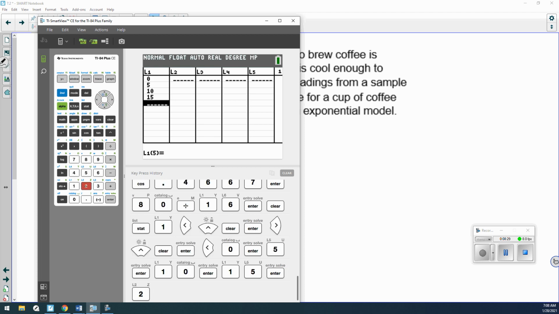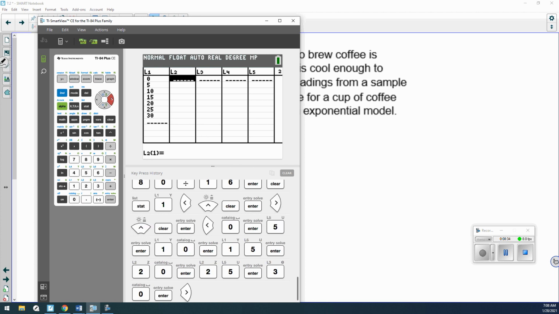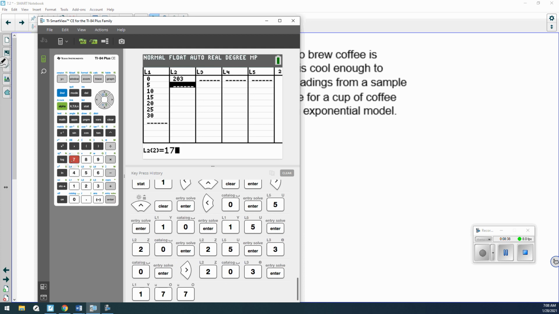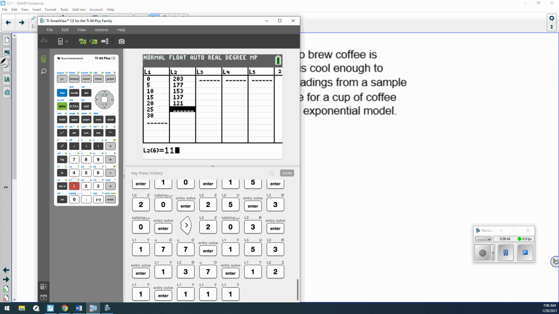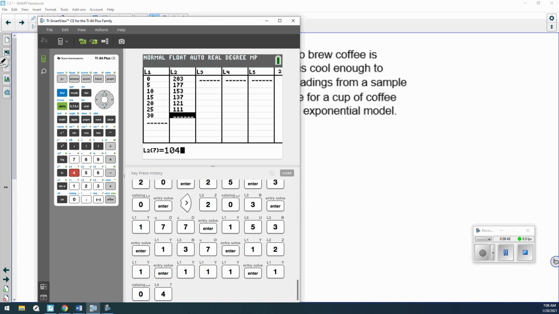This is kind of boring to watch, but it's good practice. And then in L2, here are my temperatures: 203, 177, 153, 137, 121, 111, and 104.